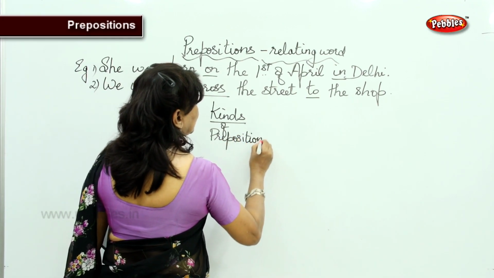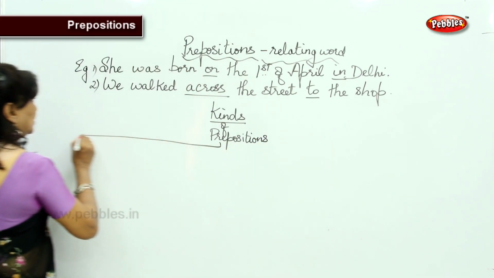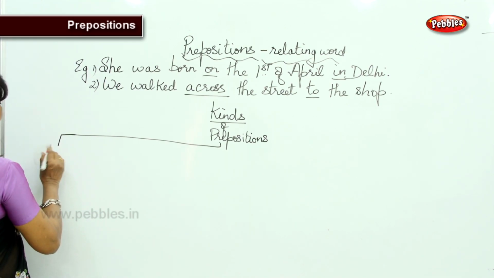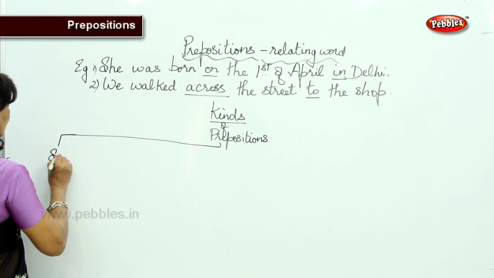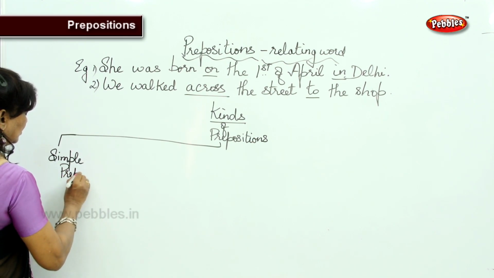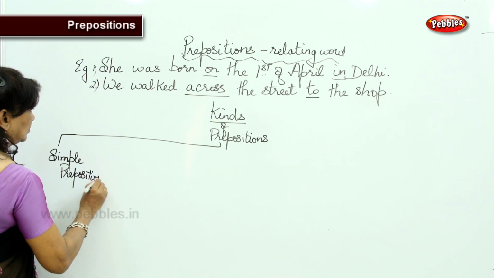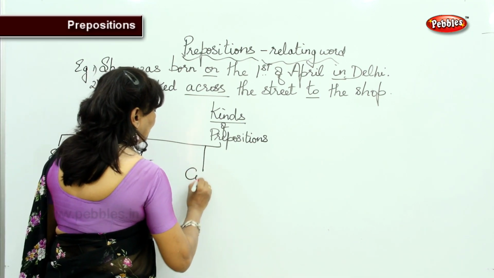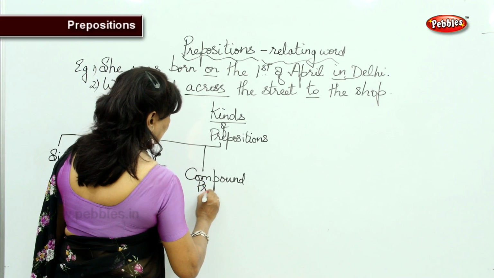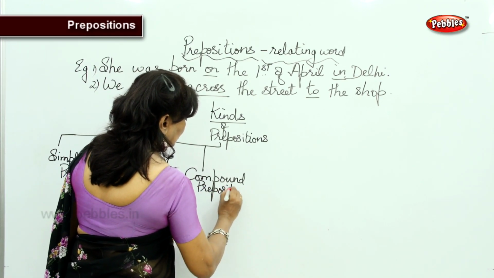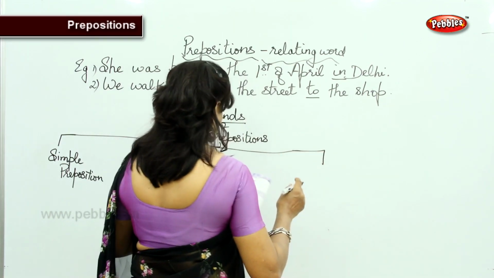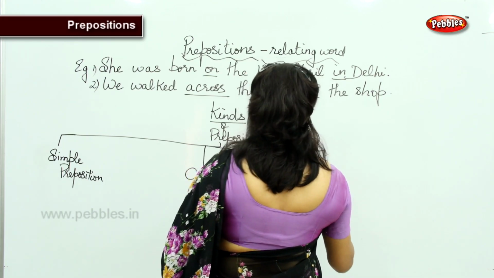There are three kinds of prepositions. Simple preposition, compound preposition, and three-word preposition.